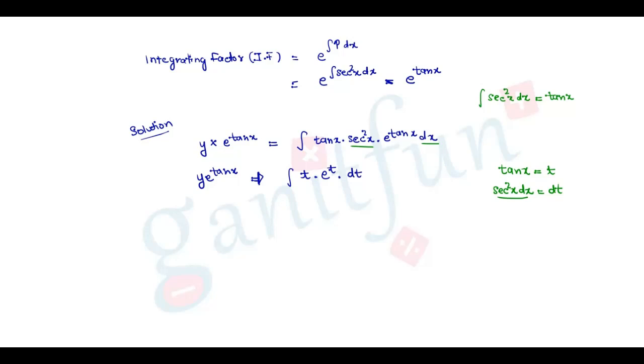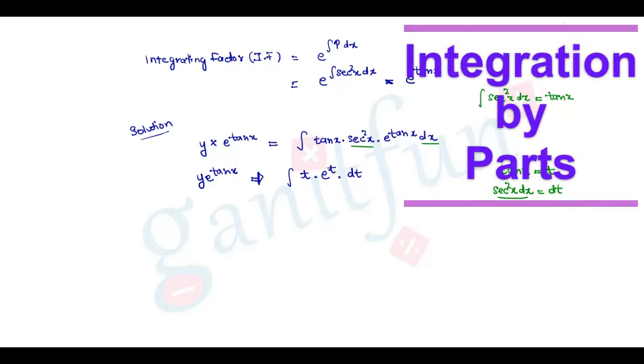Now we have to do integration of t into e power t, which is nothing but integration of two functions being multiplied. So for that we will have to take one of them as u and one as v. Whichever is more easily integrated, we will take as u. So e power t will be u and t will be v.